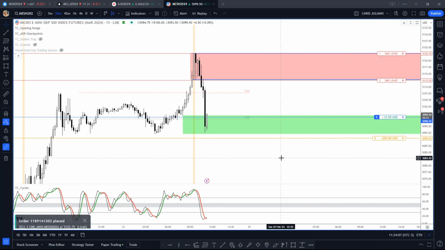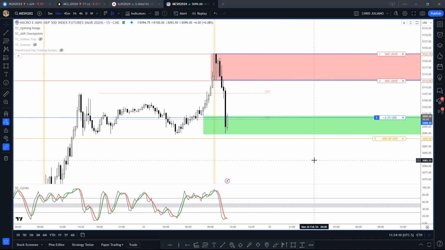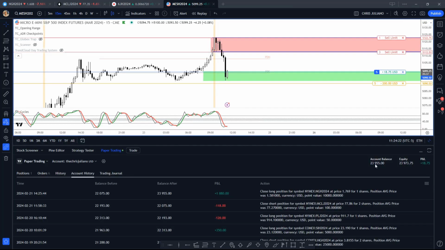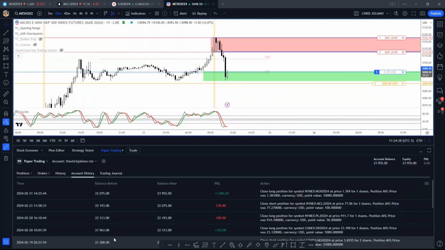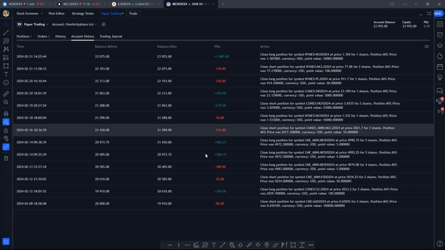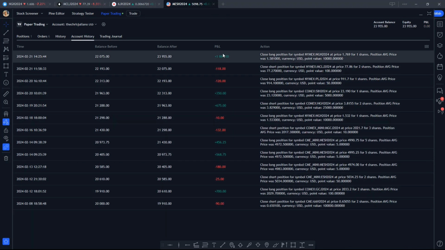So that is the update that I wanted to show you, and that is how you plan the perfect trade. By following the trade plan, making sure that you are risking 1%, or in this case, less than 1% of our $23,000 account, almost $24,000. And we're using a trade plan that we've optimized and backtested, so that we know within a series of trades, not just one trade, we're going to be a winner.